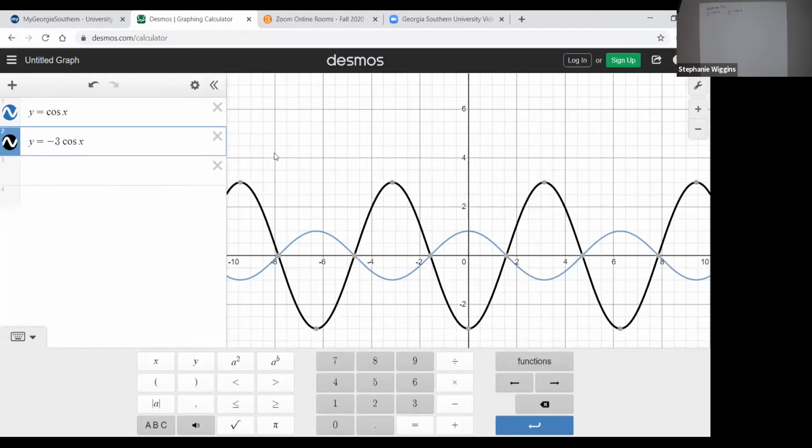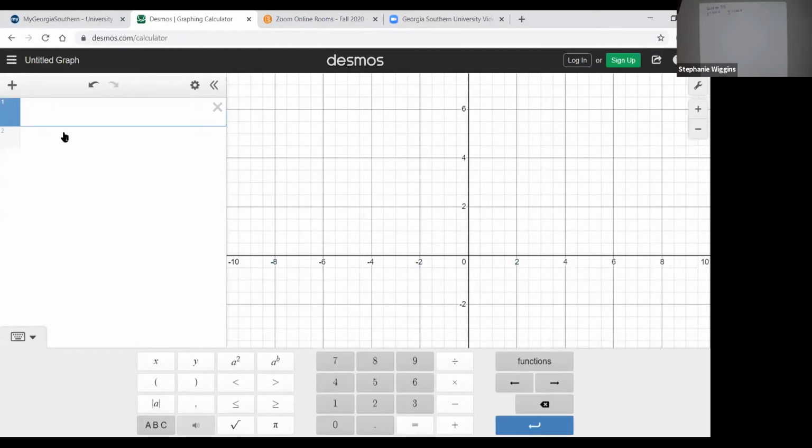Now, what happens if I put a constant in front of my x? So let me get rid of this function here. And whoops, I went too far. Y equals cosine. Instead of x, I'm going to put 2x. Well, let's do both. Here's y equals cosine x, and here's y equals cosine 2x.